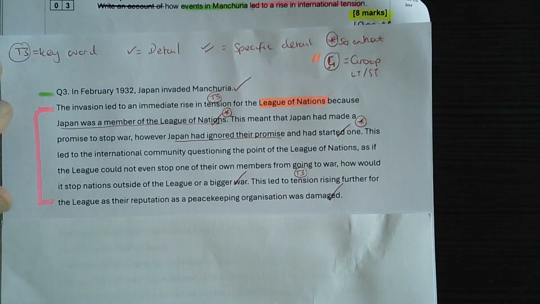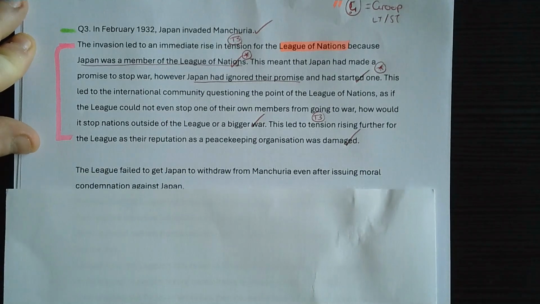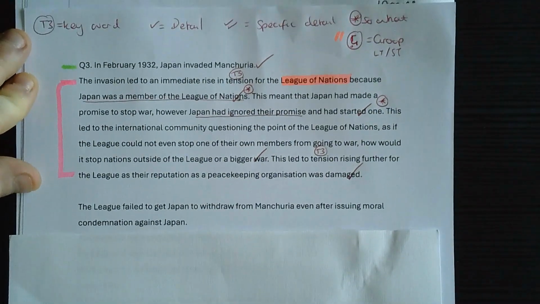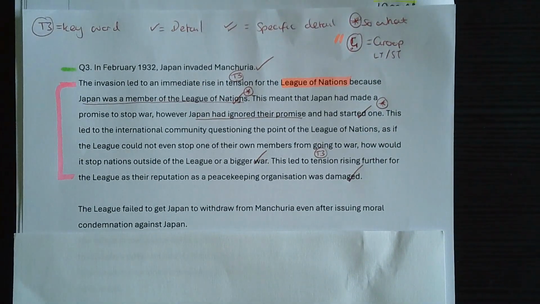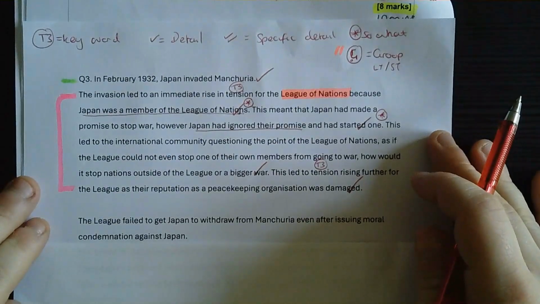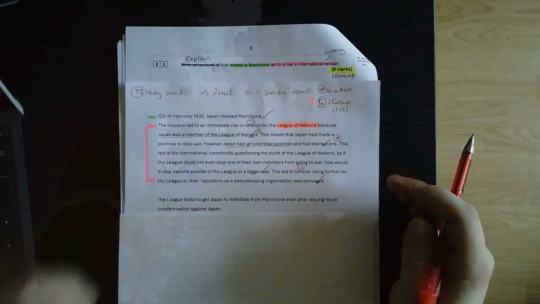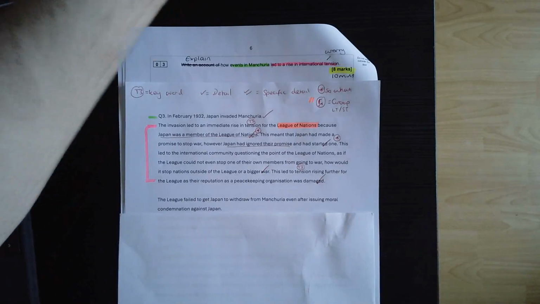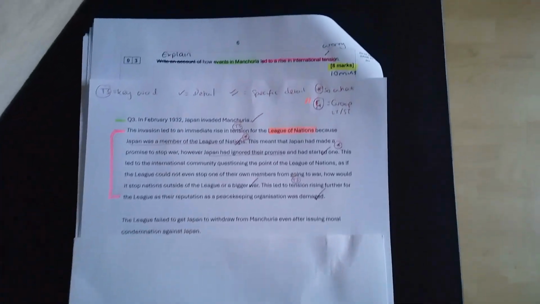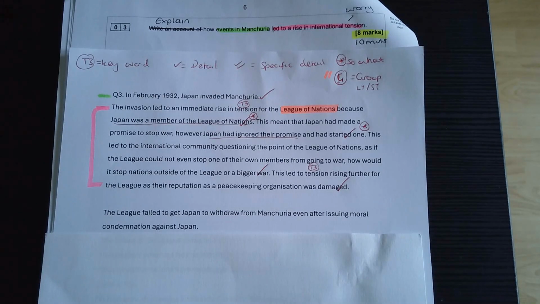Let's have a look at the second paragraph. So again, I need to start off by saying, if I just move it down a little bit, you can't really see that. The League failed to get Japan to withdraw from Manchuria even after issuing moral condemnation against Japan.